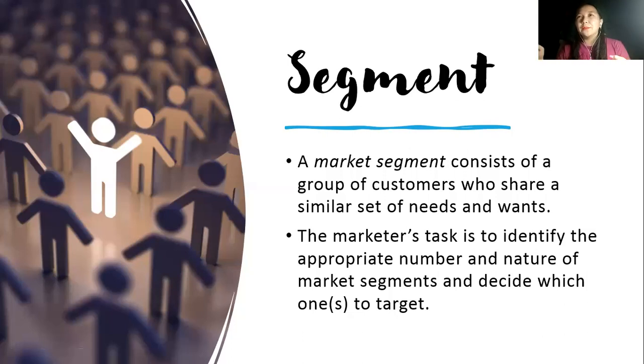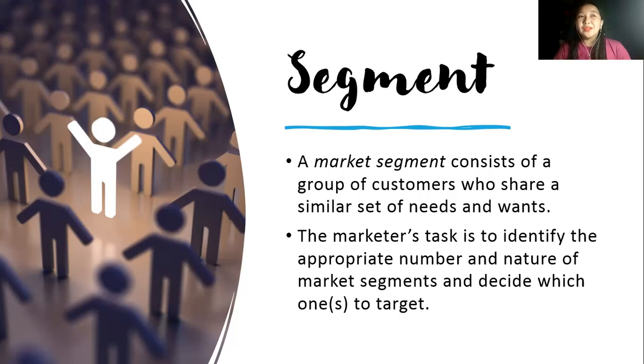So a market segment consists of a group of customers who share a similar set of needs and wants. Kumbaga sa pie graph, your market segment is the part of the market that you can sell to who share a similar set of needs and wants.